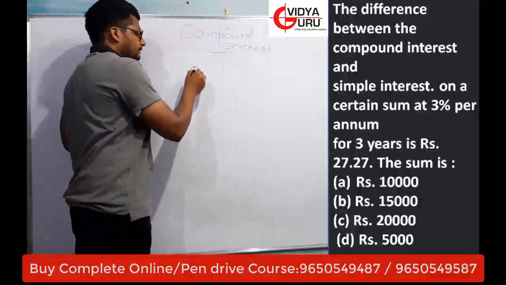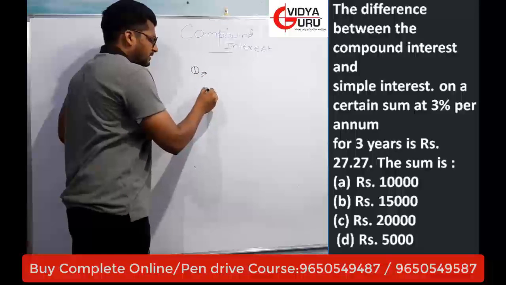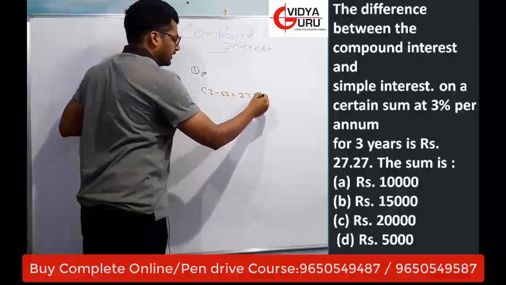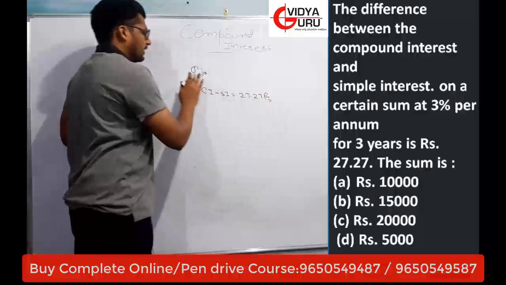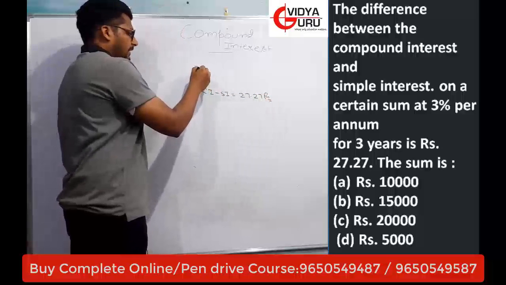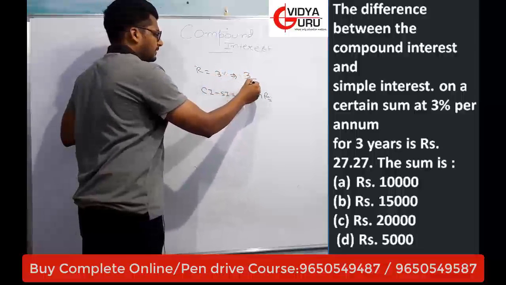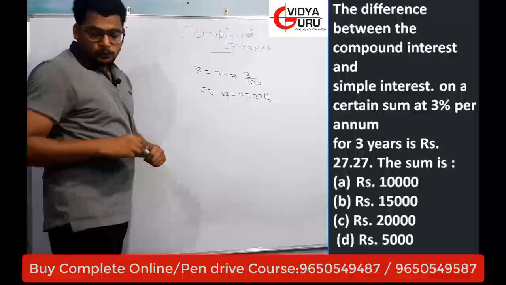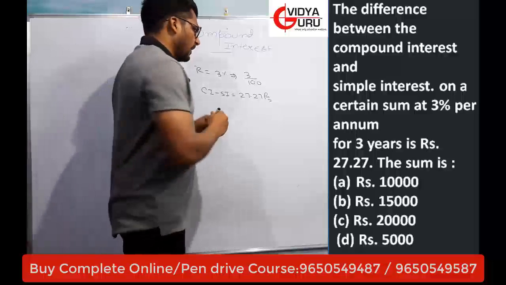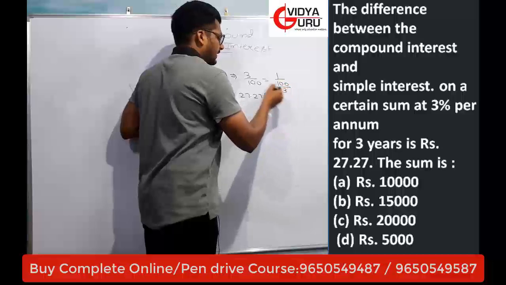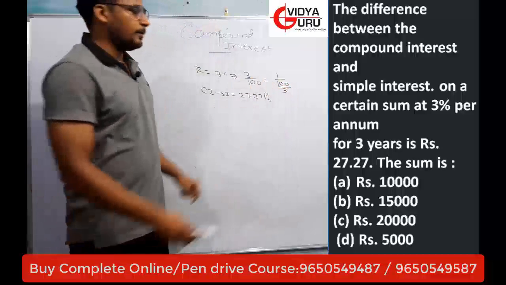The question is: the difference between CI and SI is given as 27.27 rupees and the rate is given as 3%. It will be 3 by 100 in fraction, which is not in the form of 1 by k, but we can convert it to the form of 1 by k by writing 3 by 100 as 1 by 100 by 3.